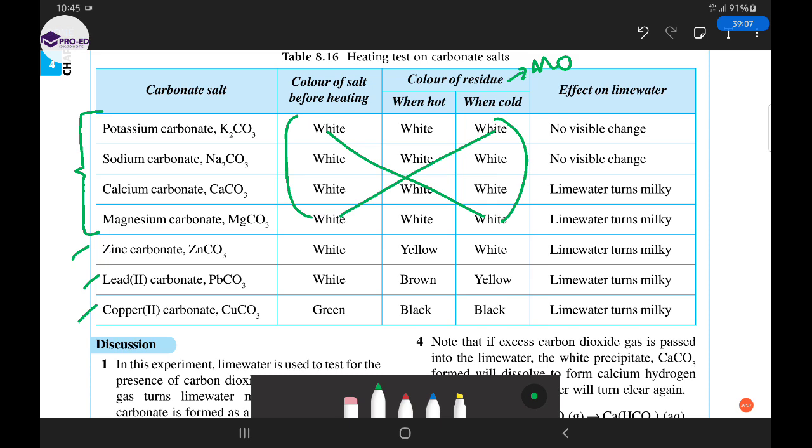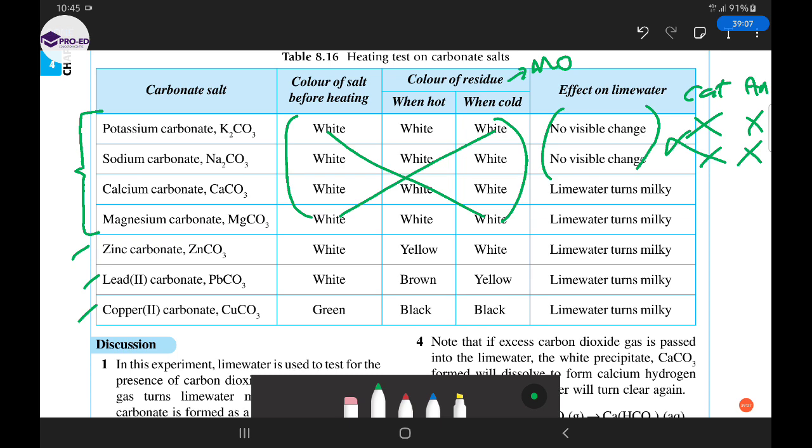But the point is, in this case, if it is potassium and sodium carbonate, there is no visible change in the lime water. So you can't even know whether it's a carbonate salt because it doesn't release carbon dioxide gas. So for these first two, you have no clue what the cation is, and you don't know what the anion is either. Nothing you can get from that.